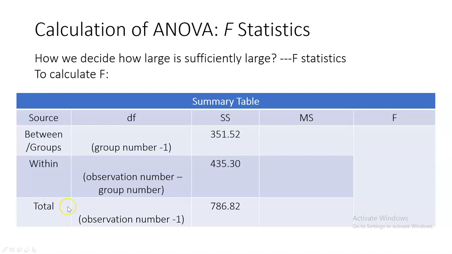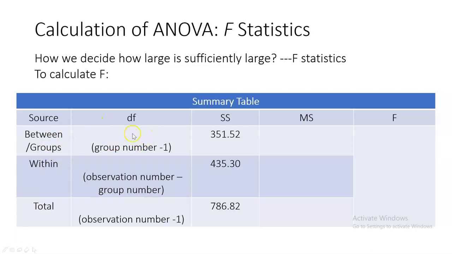And the total is a measurement of how far each individual score is away from their grand mean. Okay, so this will involve every single participant. So the degree of freedom here is the total number of participants, in our case 50, minus 1.